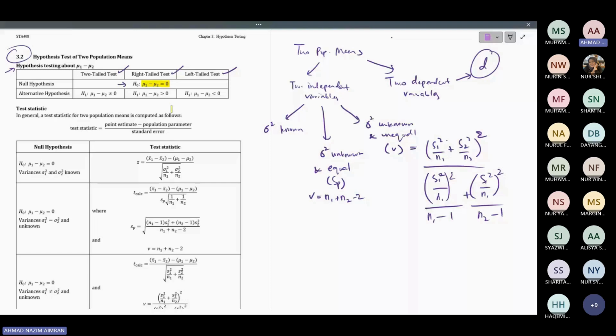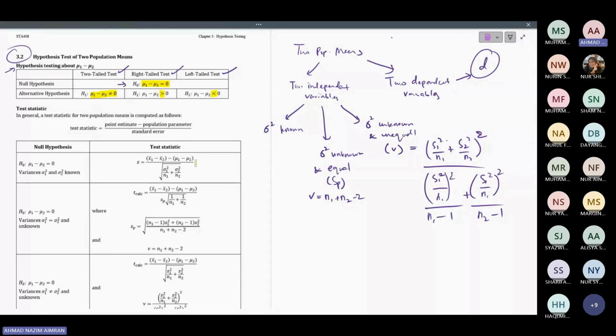But now we are using the Z calculated or the T calculated to test whether there is any difference in the means of the two populations. For the two-tailed test, the alternative is that the difference is unequal to 0. For the right-tailed test, mu1 minus mu2 is greater than 0. And for the left-tailed test, mu1 minus mu2 is less than 0.